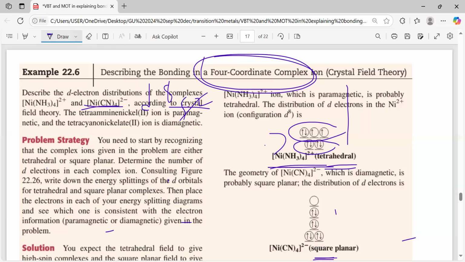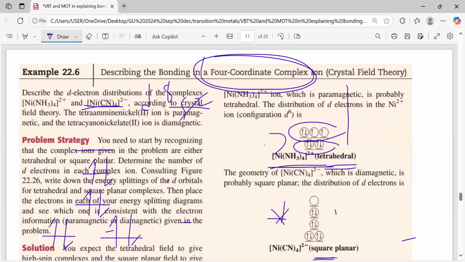And then the same story, we assume it is tetrahedral. No, square planar first. We start with square planar, then we find whether there will be pairing or not. So if it's square planar, what happens? The same story again: 1, 2, 3, 4, 5, 6, 7, 8.